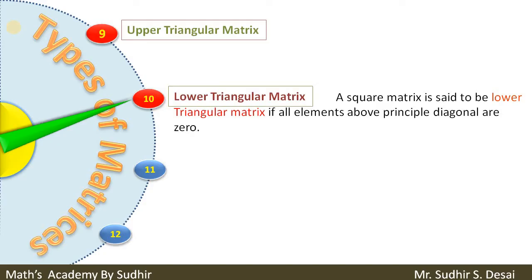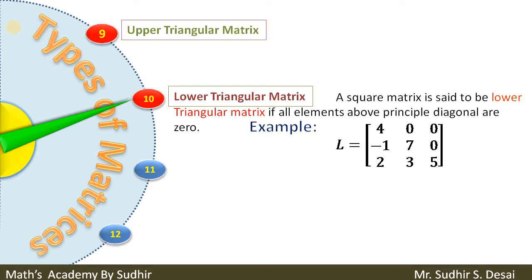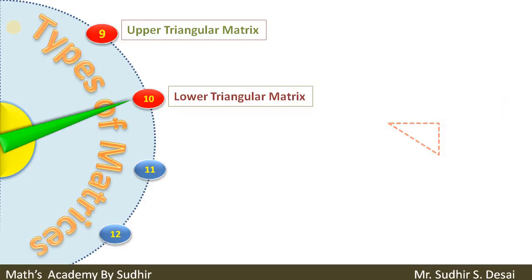For example, L is equal to this matrix, which is of order 3 by 3. Rows and columns are equal, so it is a square matrix. And check the principal diagonal elements 4, 7, 5, and above the principal diagonal all the elements are 0. So this is a lower triangular matrix.